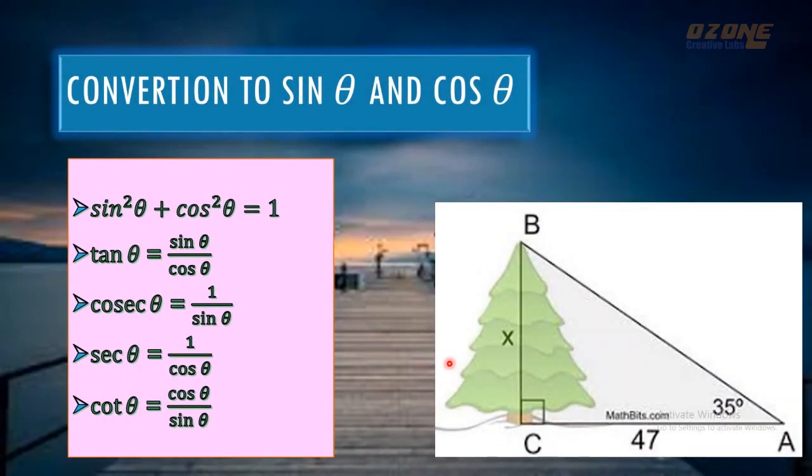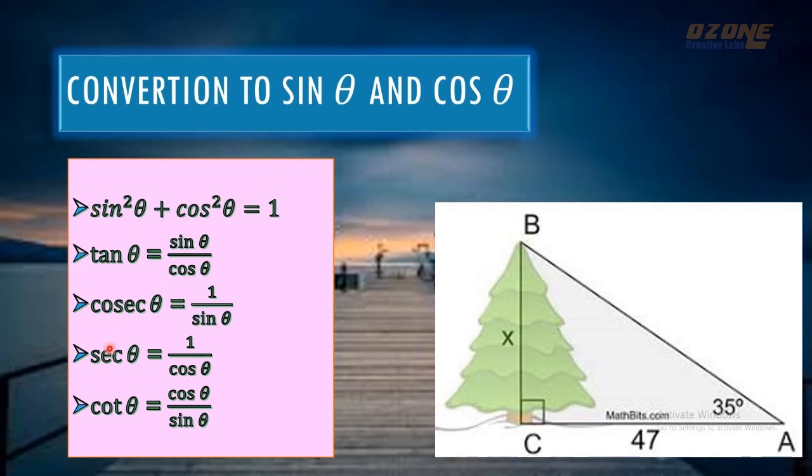Now, conversion to sine theta and cos theta. In this chapter we have some proving sums. While proving the sums, it's easy to convert each value to sine and cos and then use the solving methods. So all 6 trigonometric values, we can write in the form of sine and cos.